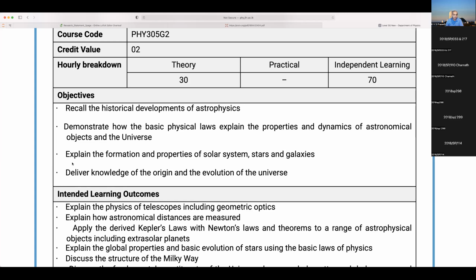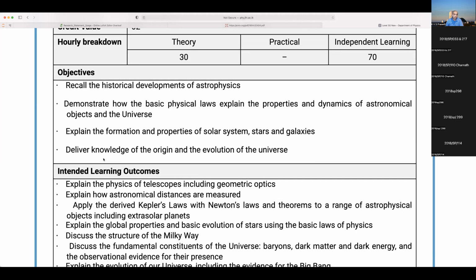And then at the end, we will also look at the origin and the evolution of the universe. So that means we will try to understand how the universe began initially and how it has evolved up to what we are seeing right now, right?